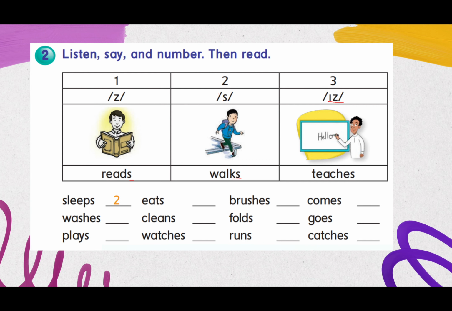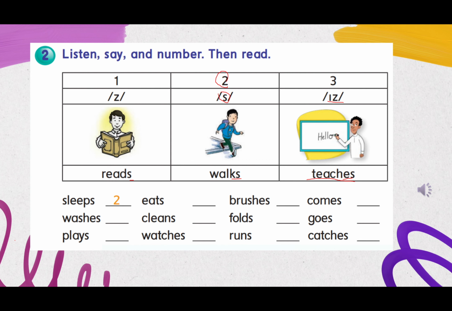Or I have S, like in the word walks, sleeps. I will write 2. Sometimes I hear iz, like teaches. Can you see? Teaches. I hear iz. So let's listen and number the words.